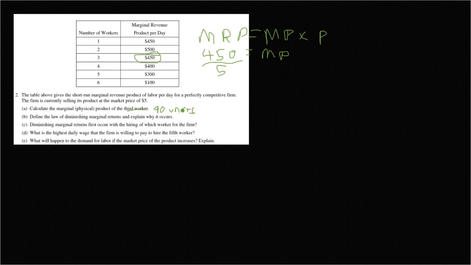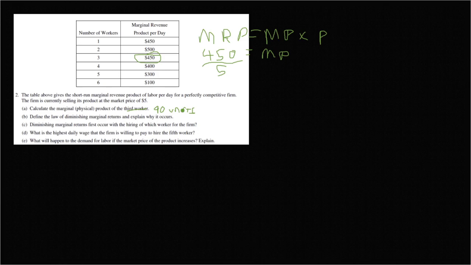So basically, the more inputs that you have, the output will still increase, but it is increasing at a decreasing rate. You're getting less output for each additional input.